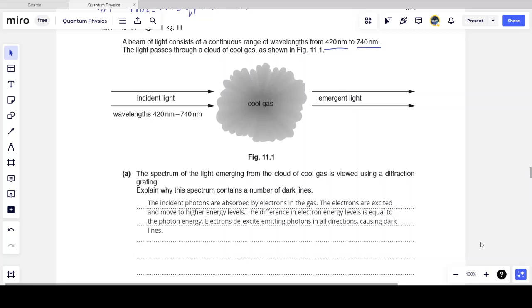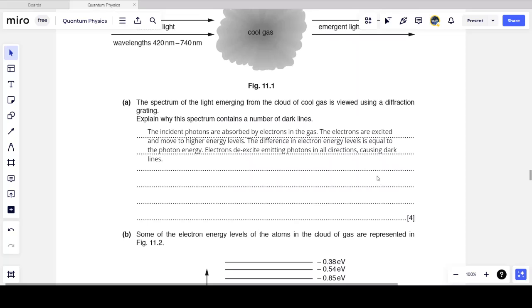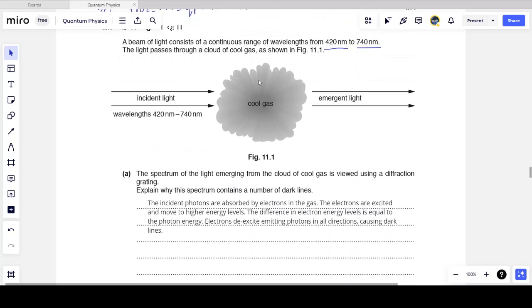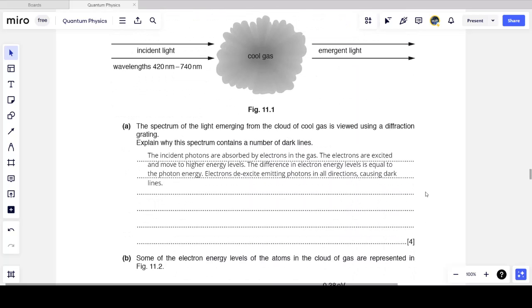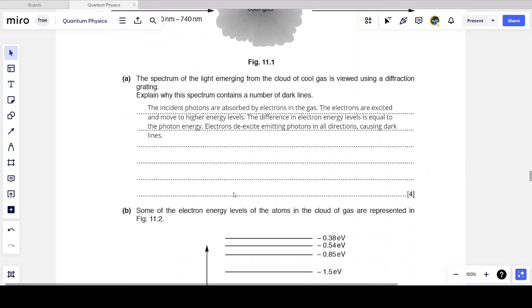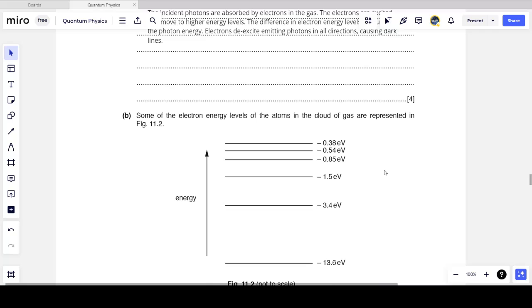So when we look at the light coming from the gas, from the star, for example, we'll see the continuous white spectrum, things that weren't absorbed, and the things that were absorbed will come to us, but with a lower intensity. They'll appear dimmer because the light's been fired off in all different directions. And those are the dark lines that we see. So that explains the absorption spectrum, but also answers this question. Now, it's important that you know that because that's a 4-mark question, so it's not something you want to miss out in a test or an exam.